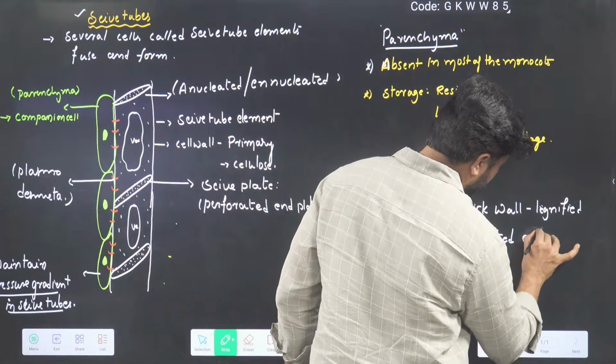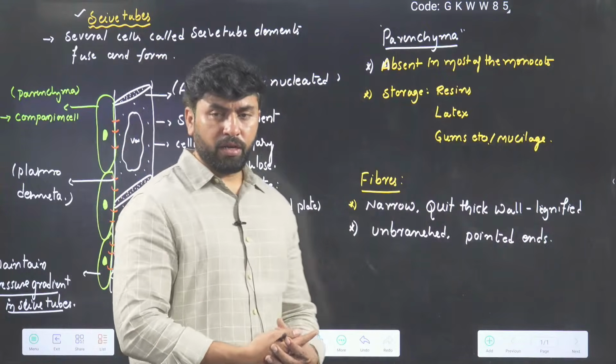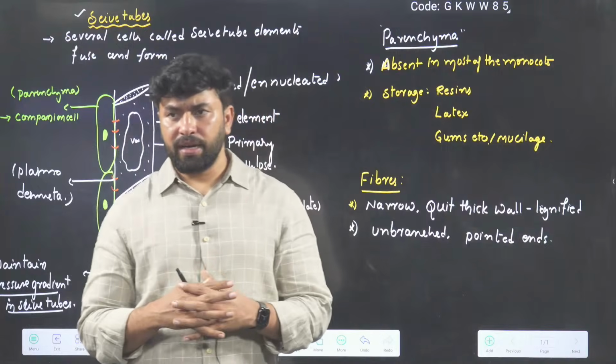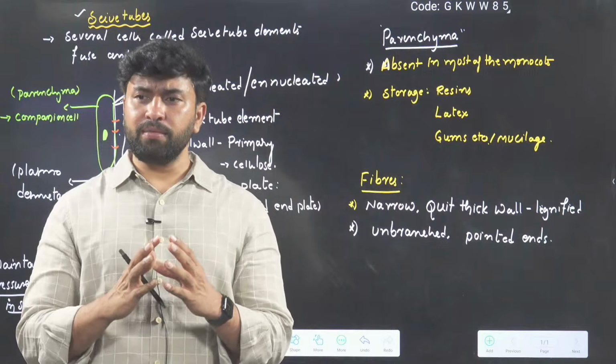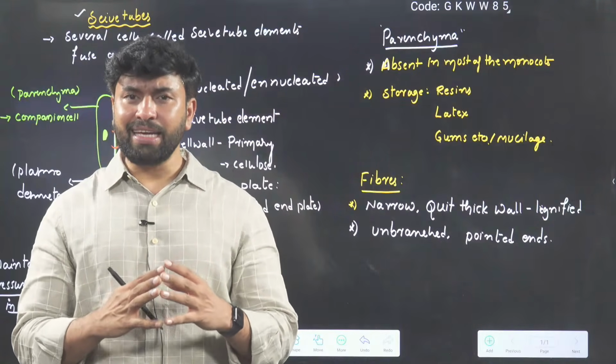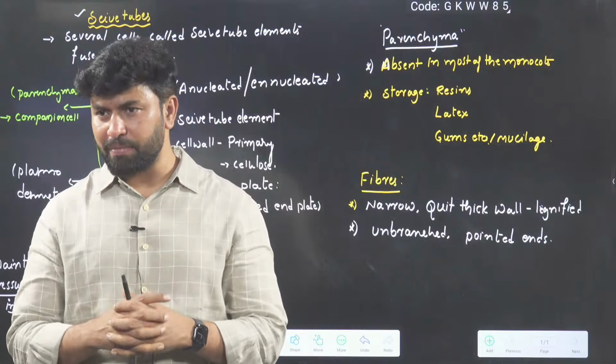What is the speciality of the unbranched cells? Because the cells are unbranched, they don't tangle easily. They don't mix up easily.